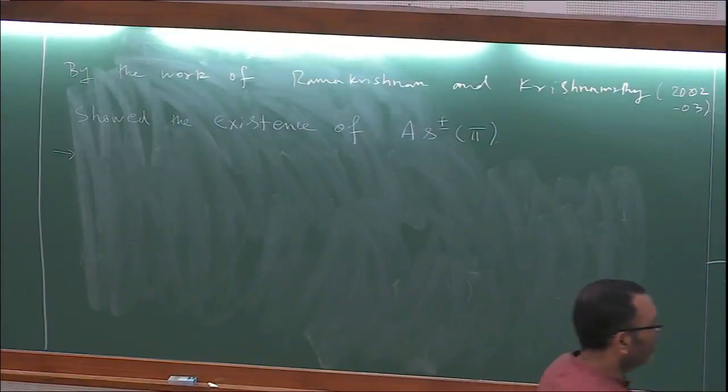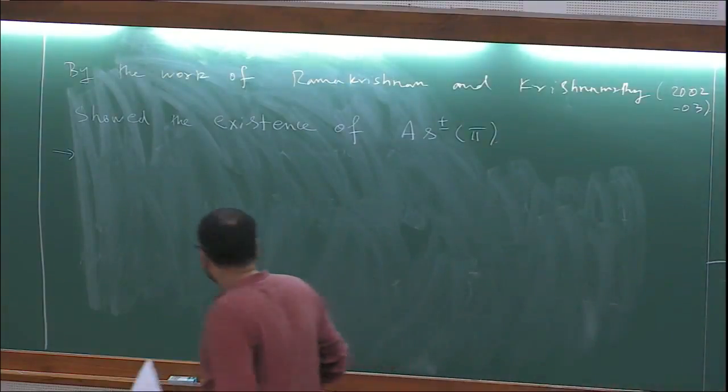So this is the starting point. Now, one of the natural questions is: suppose you take two small pi's which are p-adically close, can you say that the Langlands transfers of those two are p-adically close? This is the question that we want to try and answer.